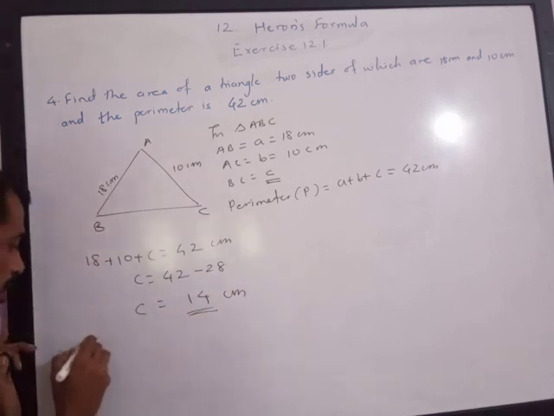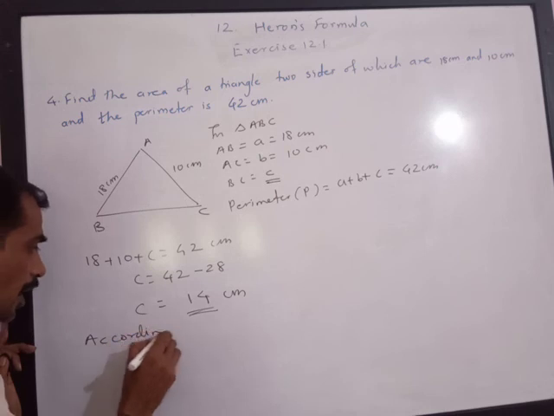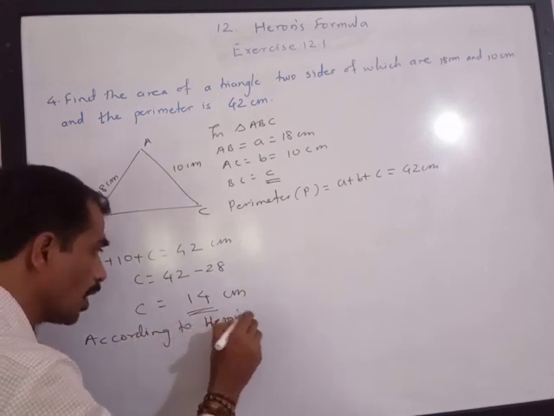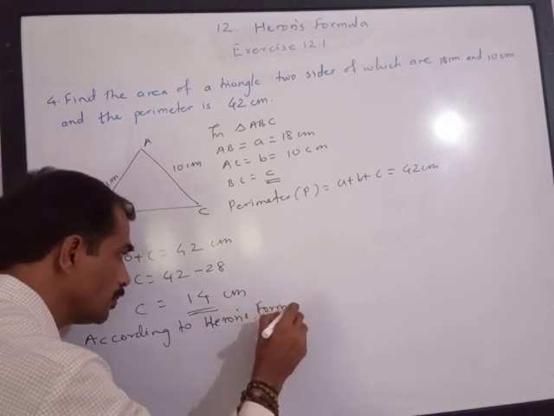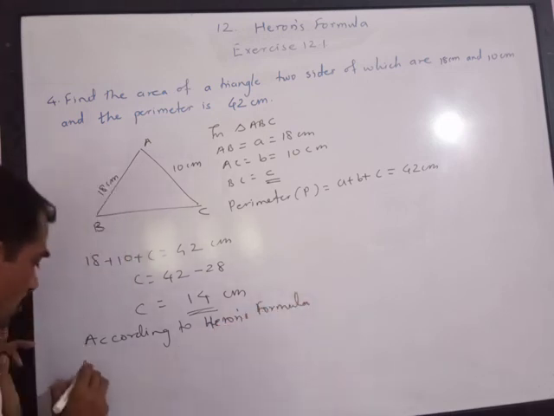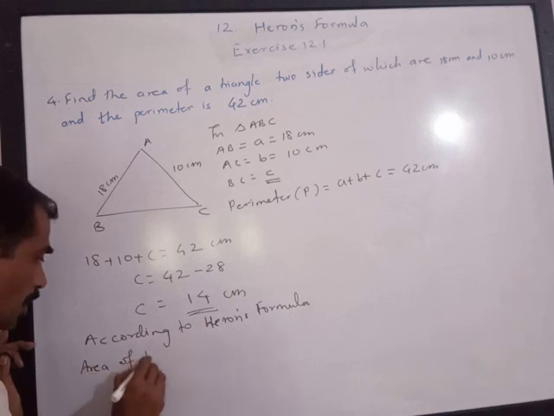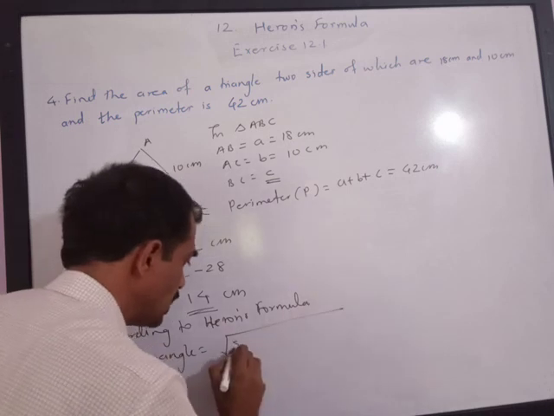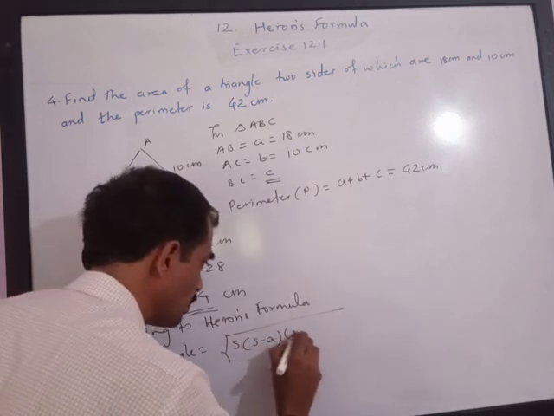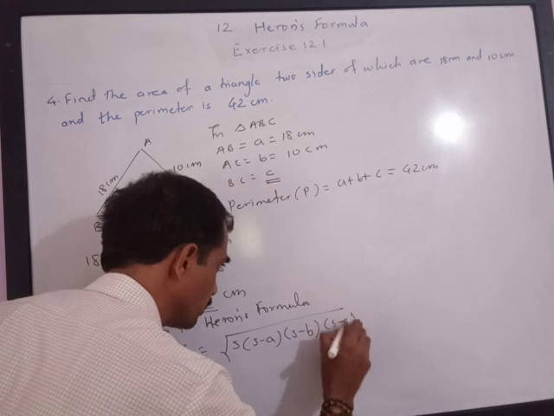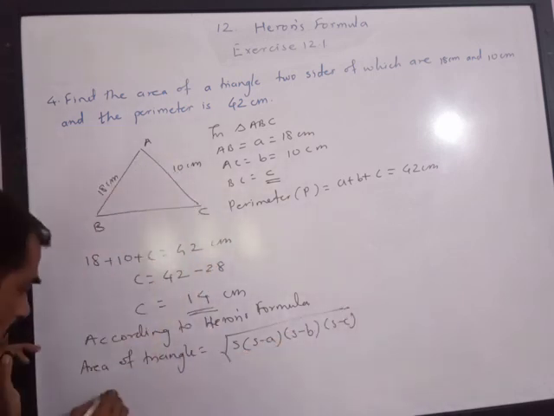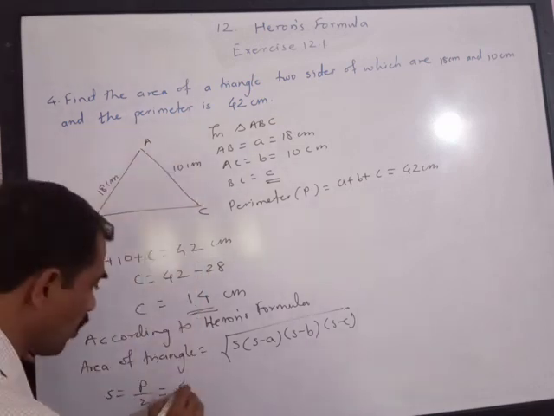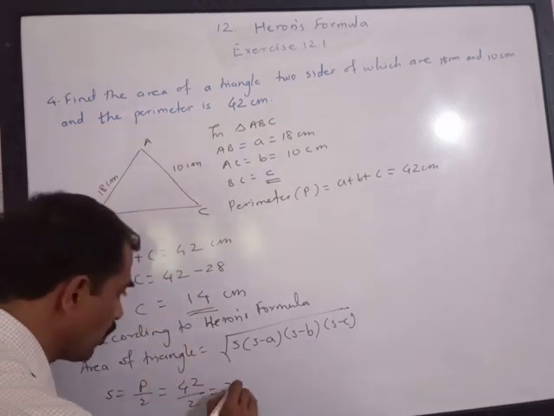Now according to Heron's formula, area of triangle is equal to under root s(s minus a)(s minus b)(s minus c). s is semi-perimeter, so s is equal to P upon 2, perimeter is given to us as 42, upon 2, that is equal to 21 centimeter.